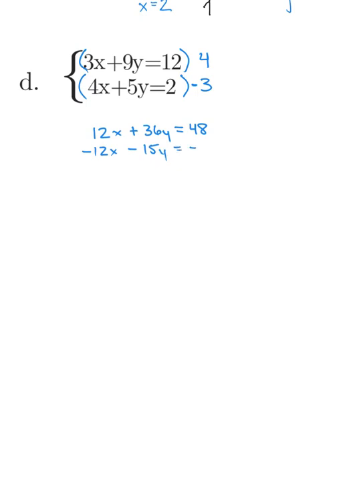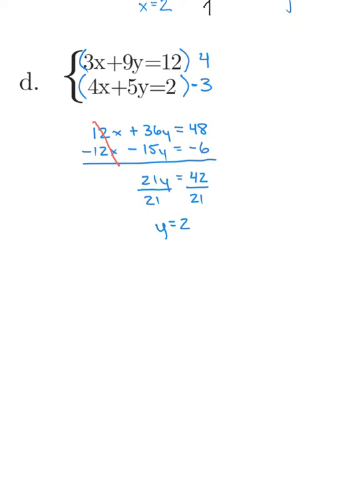And 2 times -3 is -6. From here, we can go ahead and add straight down. My x's cancel. 36 minus 15 is 21y, and 48 minus 6 is 42. We can divide by 21, giving us y equals 2.